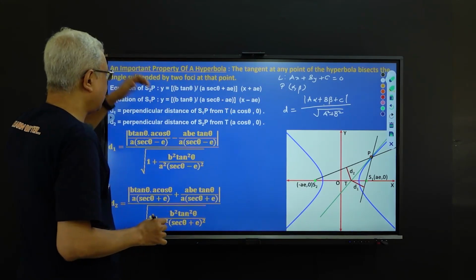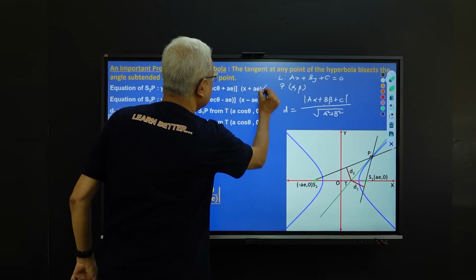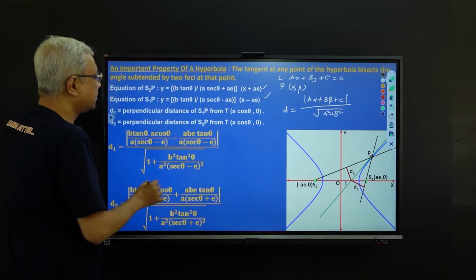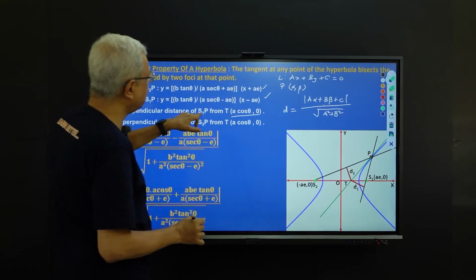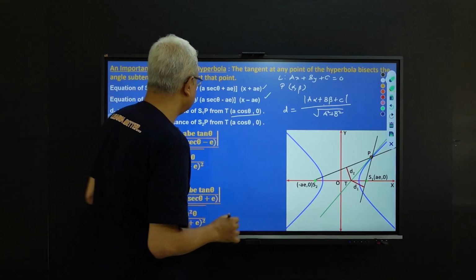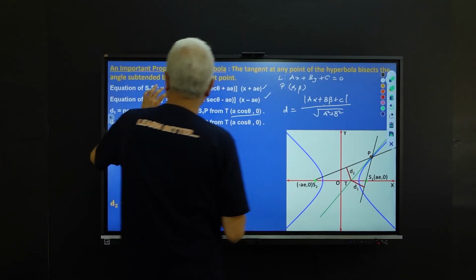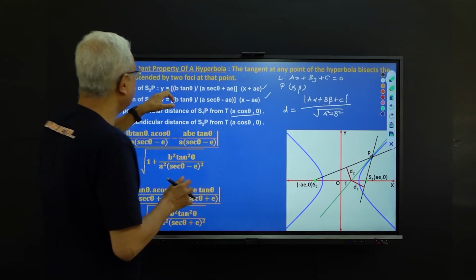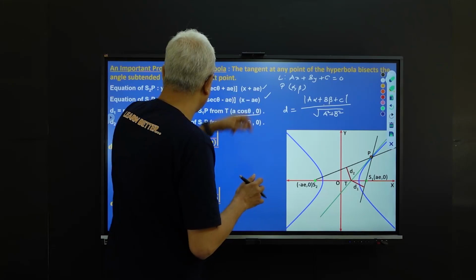Now here I have two equations, S1P and S2P, and I have a given point (a cos theta, 0). D1 is the perpendicular distance of S1P from T. So what is that perpendicular distance? The line is y = (b tan theta by a sec theta plus a) into x plus a.